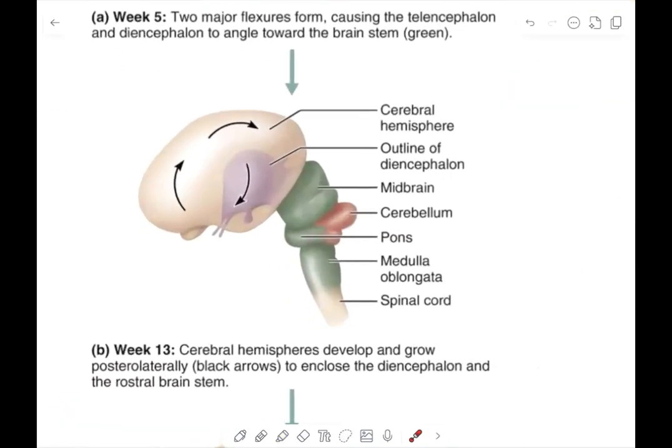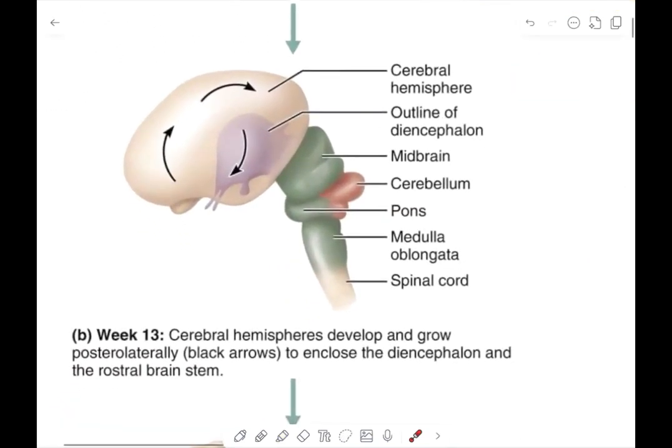When we get to week 3 of development, we're starting to see more of a brain start to appear here. And the midbrain has the cerebral hemispheres. Typically, the cerebral hemispheres are going to be the highest level of function, or what is thought of as the executive function of our brains.